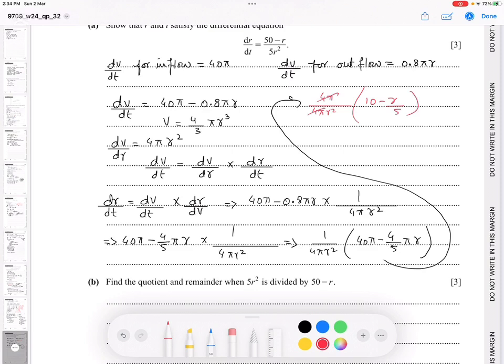So 4 pi is gone. So 1 over r square times 50 minus r over 5. So this gives us 50 minus r over 5r square. And this has been shown.